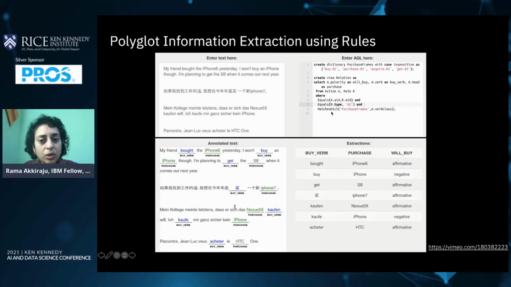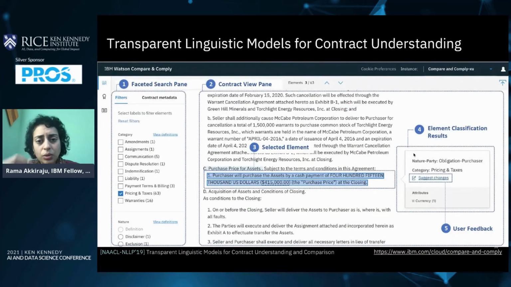And once that rule is written, when an input such as the one on the left-hand side top corner here is supplied, the system will annotate it and will be able to extract specific verbs, nouns, and adjectives, and those sort of things here. And then you can, of course, expose it to the users to give them a way to correct it if the system made mistakes.